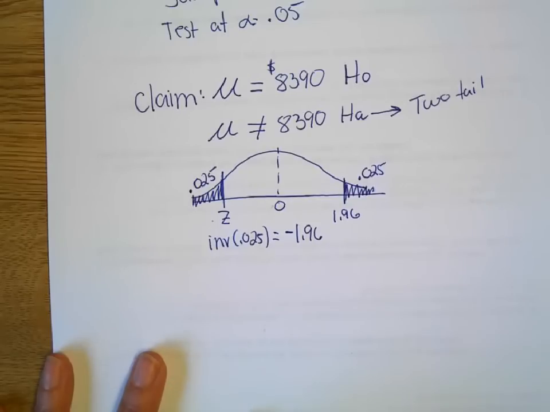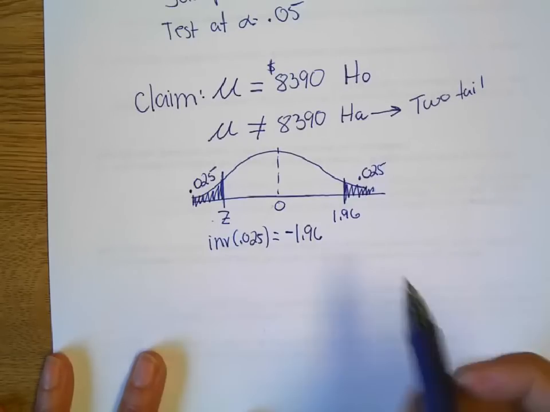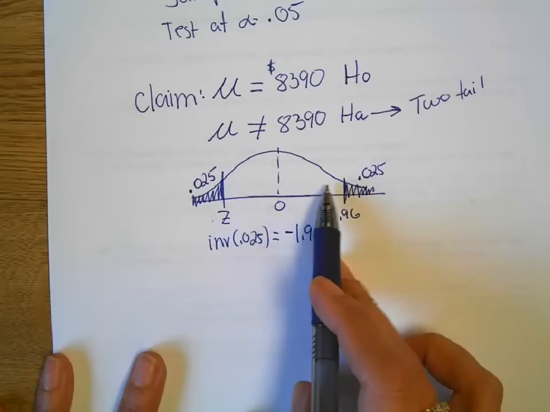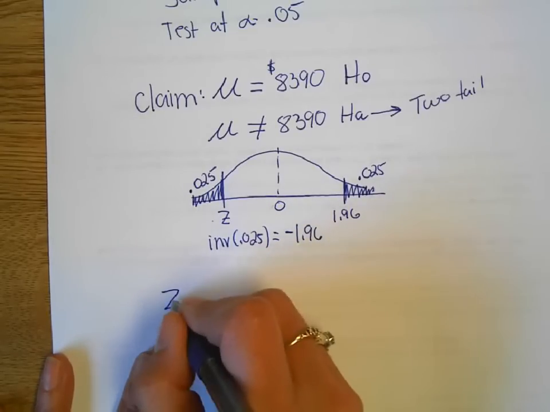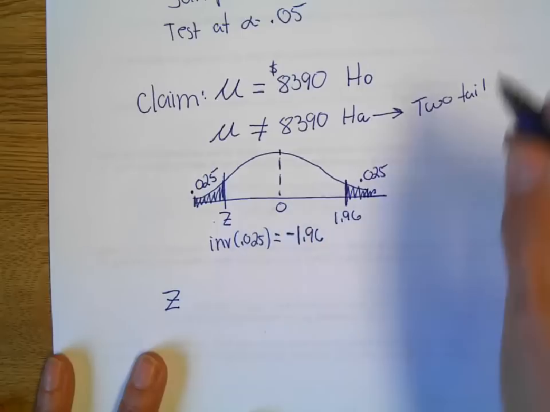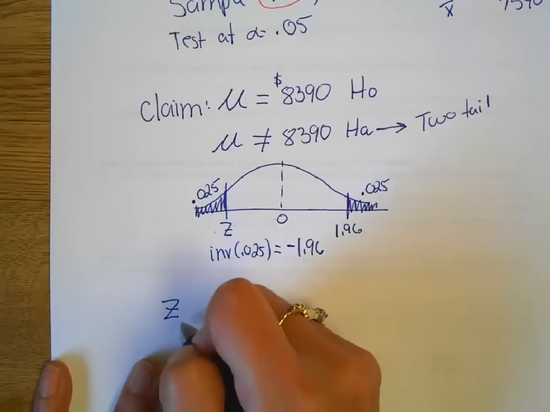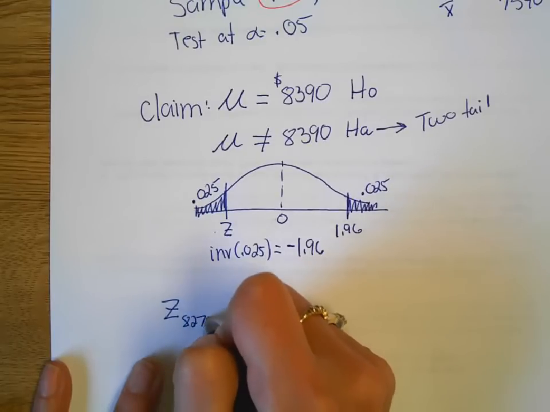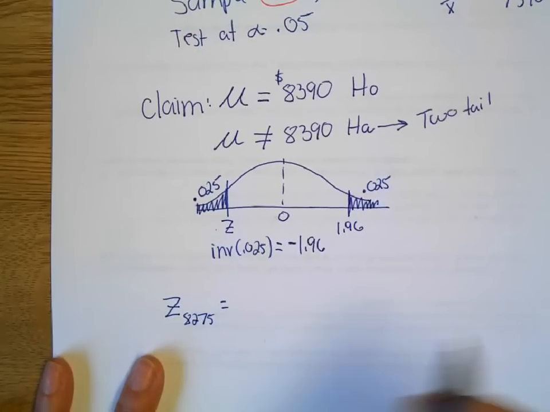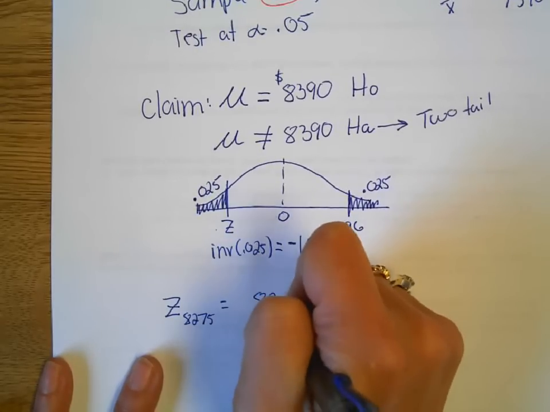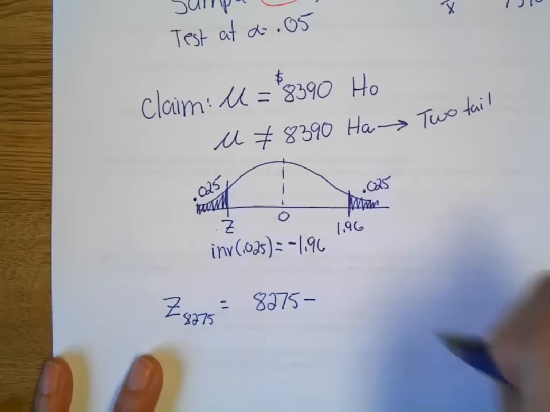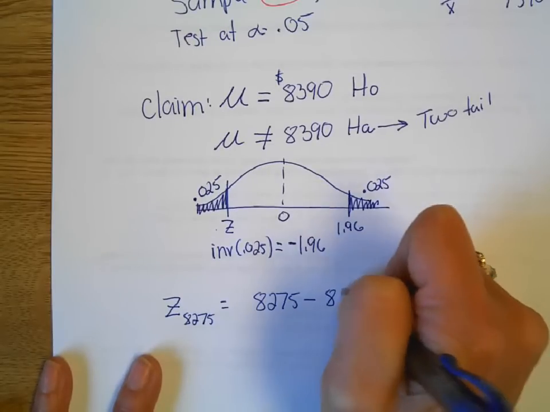Now we take our sample mean, turn it into a z-score, and see where it lands. So the z-score for our sample mean, here's our sample mean, 8,275. The formula says take the sample mean, subtract the population mean, 8390.